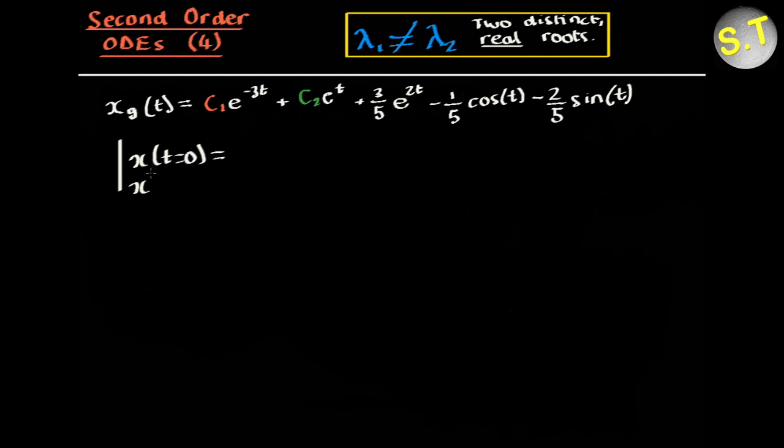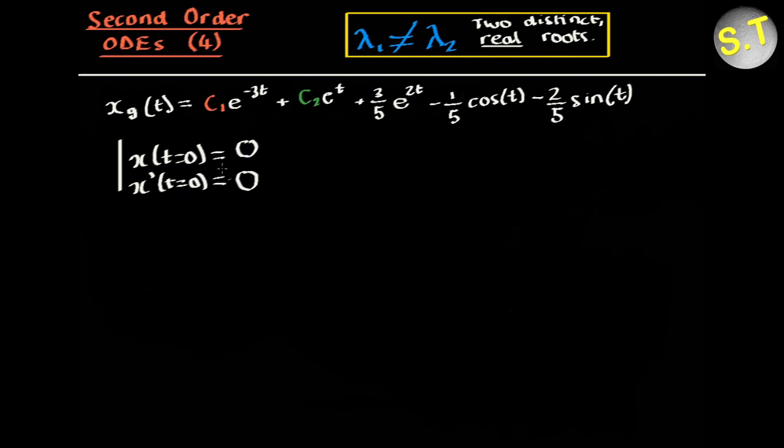So we need to know, for example, our initial velocity at time 0. And it's quite common to see a system that has an initial value of its position as being 0 and an initial value of its velocity being 0. And when I say velocity, I just mean the first derivative of position, which is its physical description.